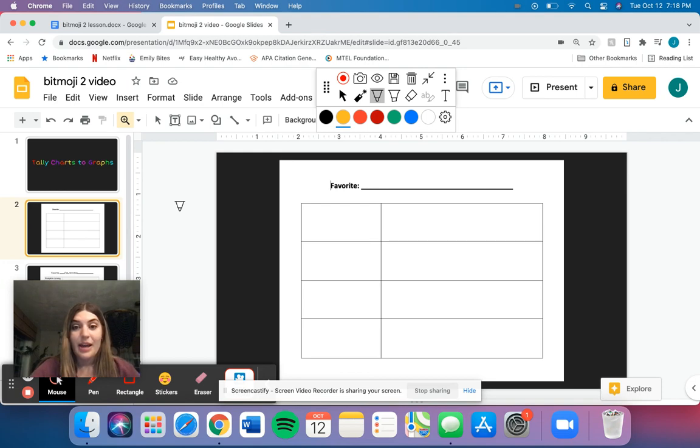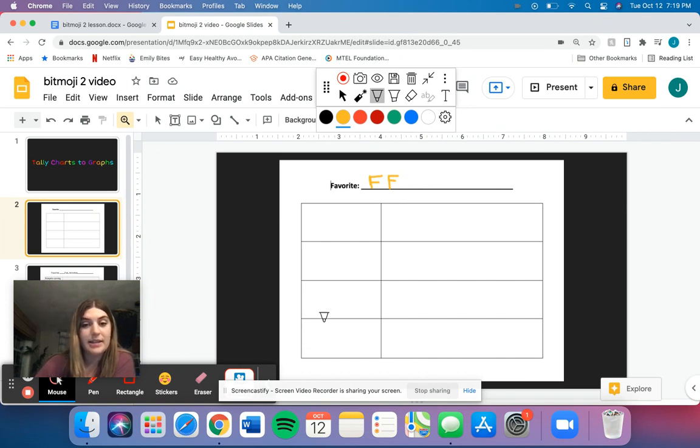So here I would write favorite fall activities. Right now I'm just going to write FF because it's kind of hard to write on this. And then what would go in this column here, these 4 blank spaces? What would go there?